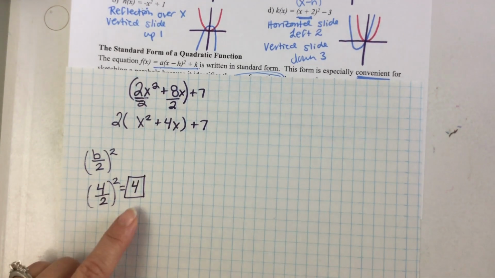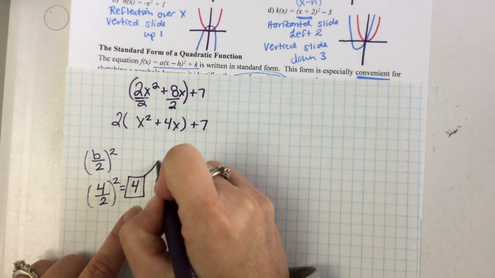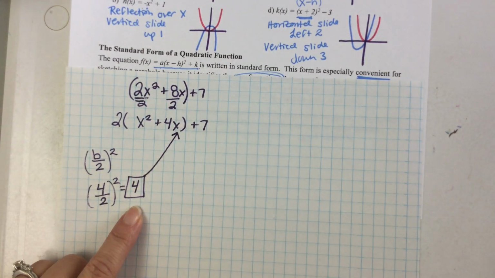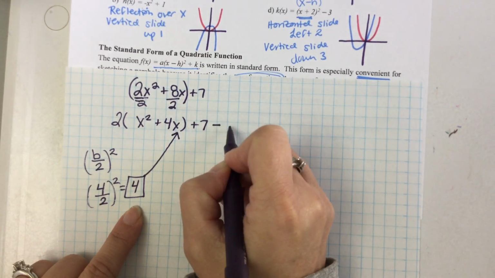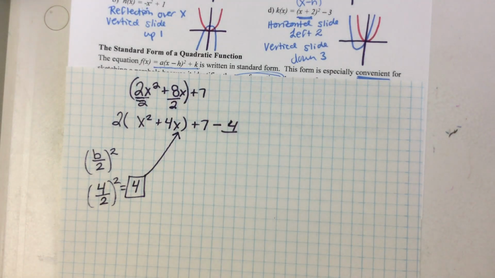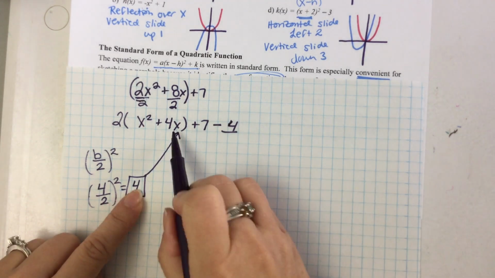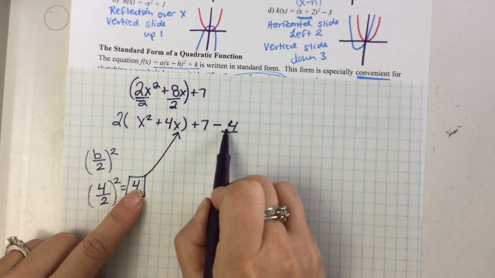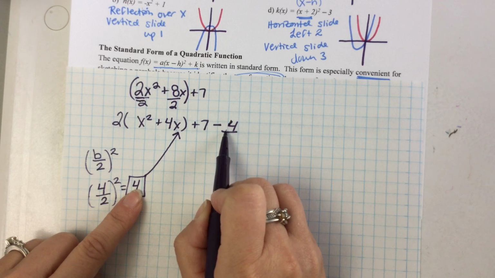My magic number is 4. I need to add 4 inside of the parentheses. Okay, but if I'm adding 4 here, I can't just add something in a function. Okay, you have to keep it balanced. So I need the value to remain as 0. So I'm going to add the 4 here, and to keep it balanced, you subtract at the end.